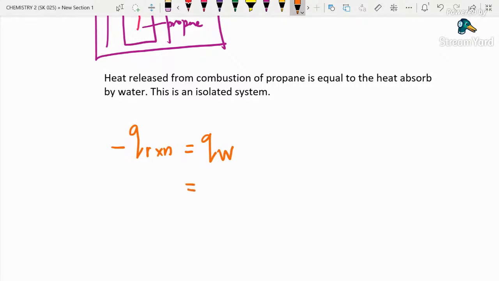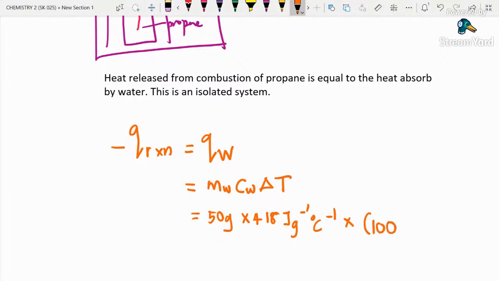Heat yang daripada water adalah m water, c water, delta T. We know that it is given 50 gram and the c water is constant 4.18 joule per gram per degree Celsius. And what about delta T? To boil a water, which means 100 minus 30, which is the initial temperature.